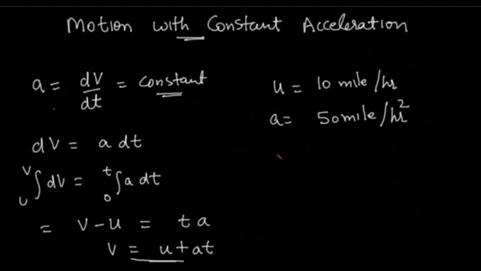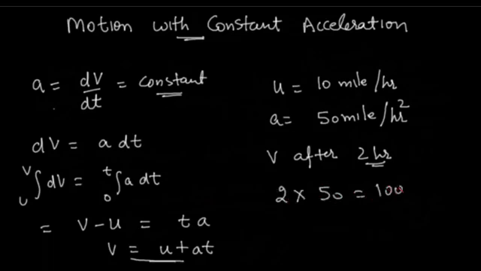If I'm looking at the velocity after 2 hours, you can see that it's accelerating at 50 miles per hour square, so every hour the velocity is increasing by 50 miles. After 2 hours, it will increase by 100 miles, so I have to add that to the initial velocity. That gives me a velocity of 110 miles per hour.